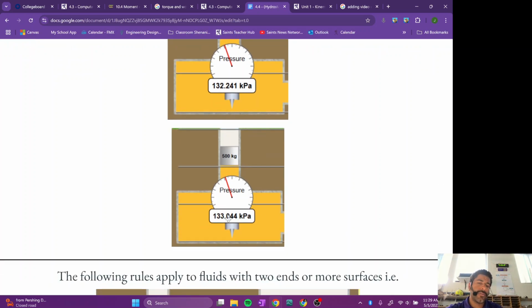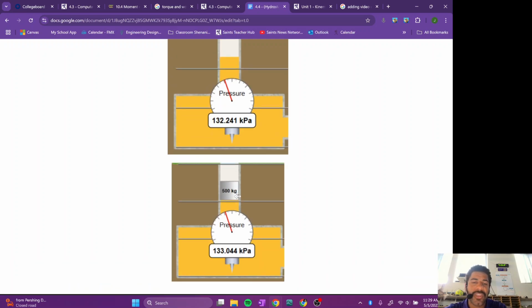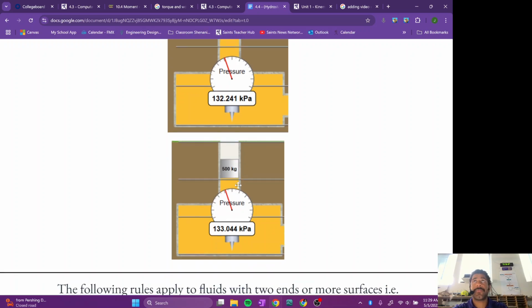And so if I were to go ahead and add a 500 kilogram weight to it, it would be pressing down on the fluid, and the fluid would get moved kind of elsewhere. In the simulation, it gets kind of moved elsewhere, but the pressure gets added regardless: the weight of this object divided by the surface area.